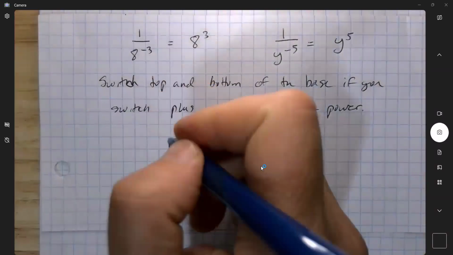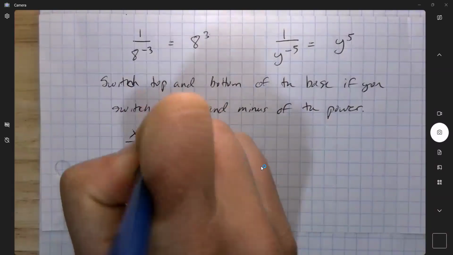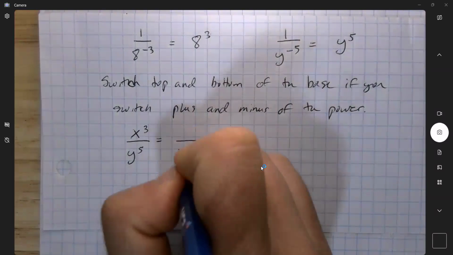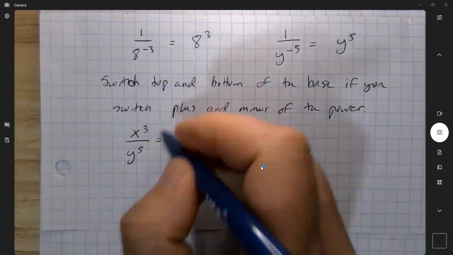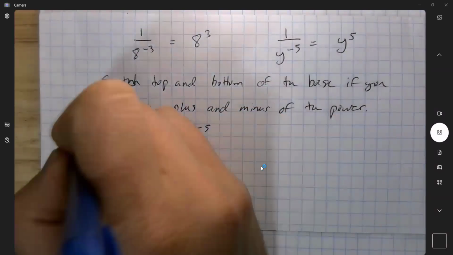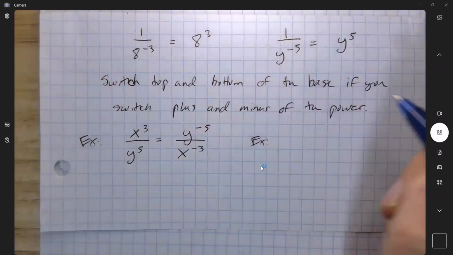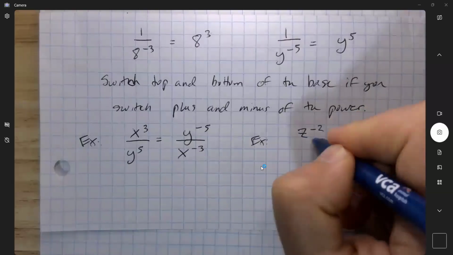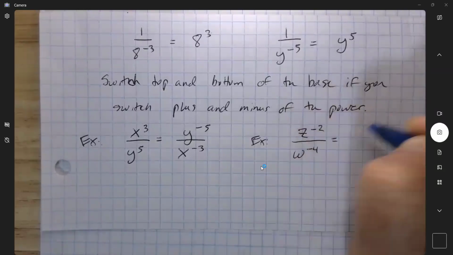So let's do something a little more complicated. Let's look at x cubed over y to the 5th. I can make that x cubed go in the denominator by making it a minus 3. And I can make that y to the 5th go in the numerator by making it a minus 5. Another example, maybe I have z to the minus 2 over w to the minus 4.